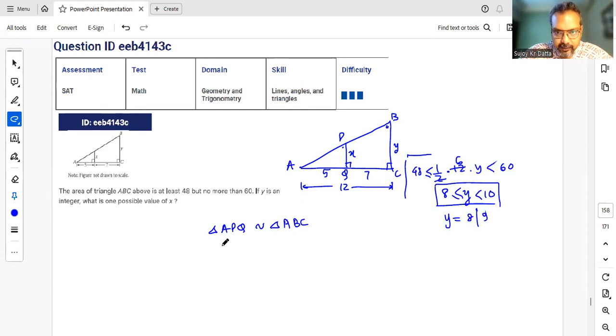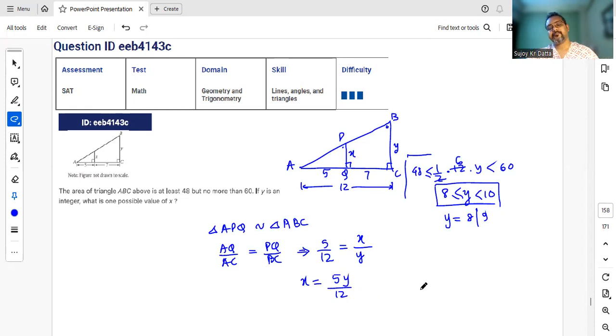So if they're similar, then we have AQ over AC equals PQ over BC. Now let's plug in the values. AQ is 5, AC is 12, PQ is x, BC is y. So the value of x is 5y over 12.